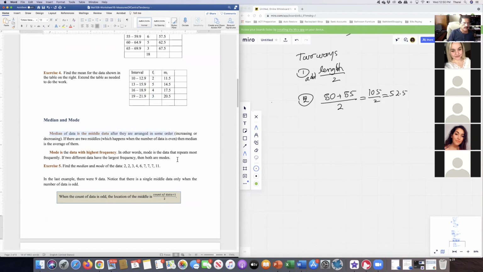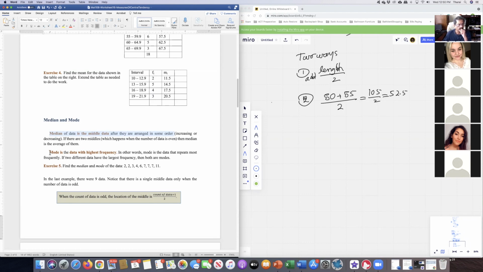You can arrange them in increasing order or decreasing order, and then find the middle, and that is called the median. It is a measure of the middle. So there are three measures of the middle. The first one was mean, the second one is median. The median is the middle point itself after you arrange them in increasing order.